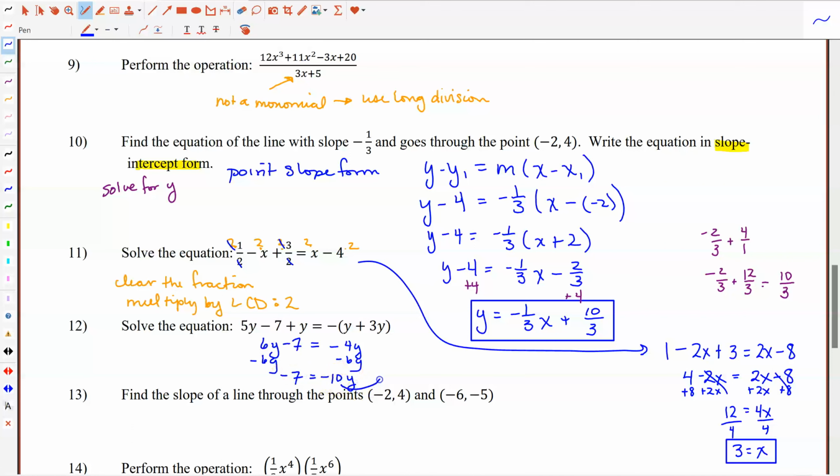We'll divide both sides by negative 10. And then over on the left-hand side, a negative divided by a negative is positive. 7 divided by 10 doesn't divide nicely, so I'm just going to leave it as 7/10 as a fraction. And there's the value for my variable.